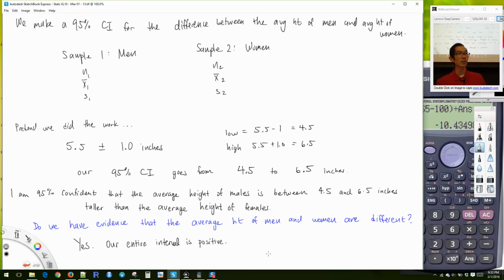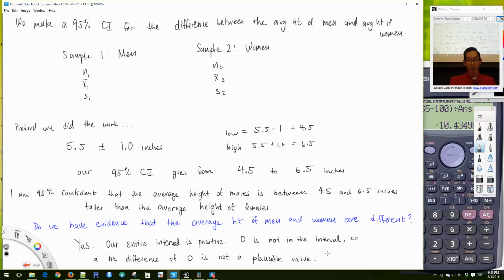So a height difference of 0 is not a plausible value, okay? 0 is not in the interval, so it's not a plausible value. We would have evidence that there is a difference between the means.